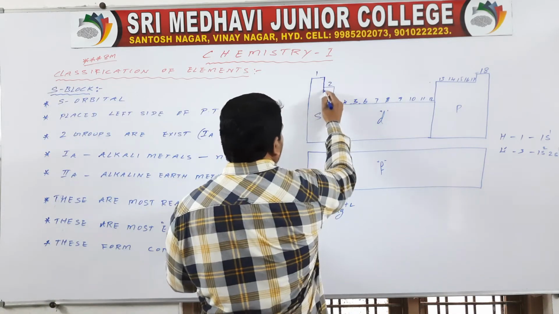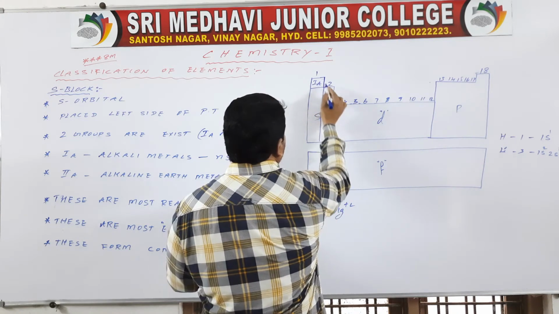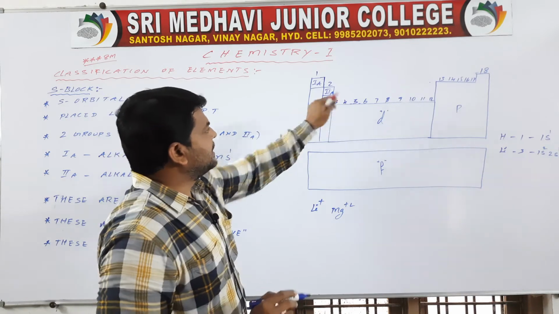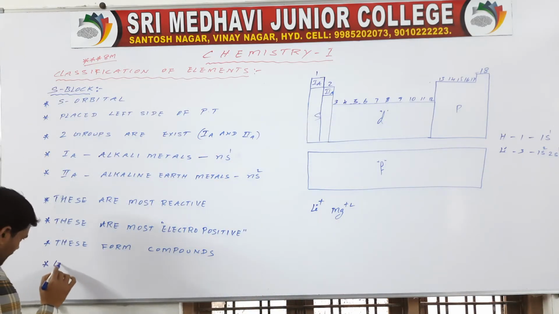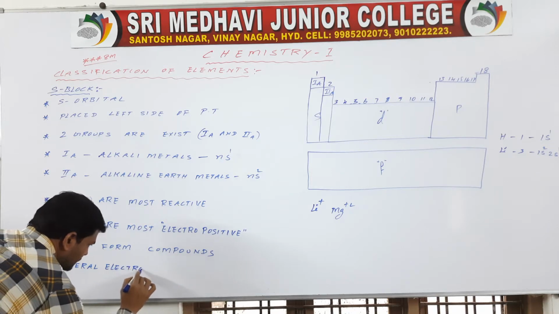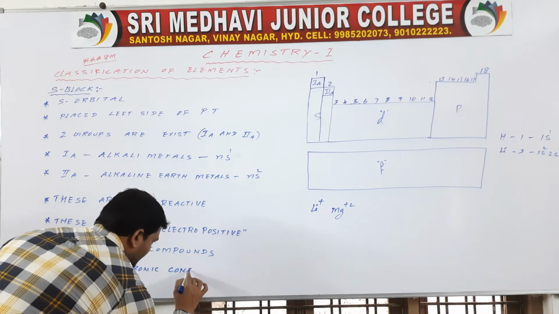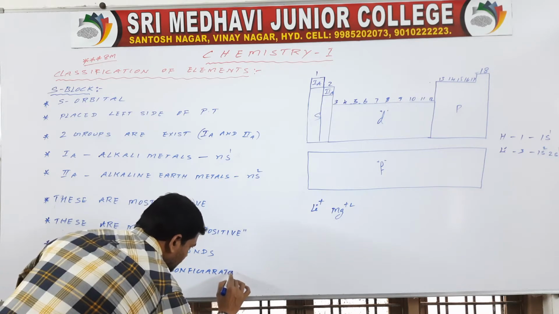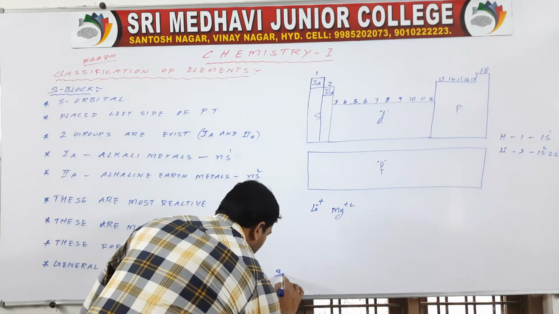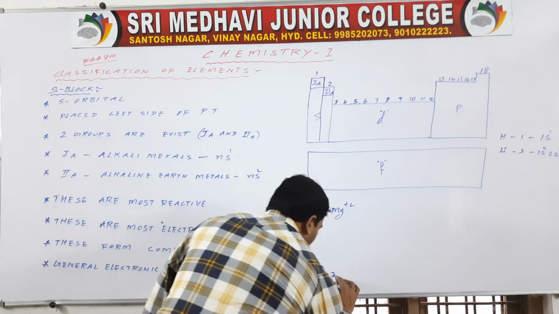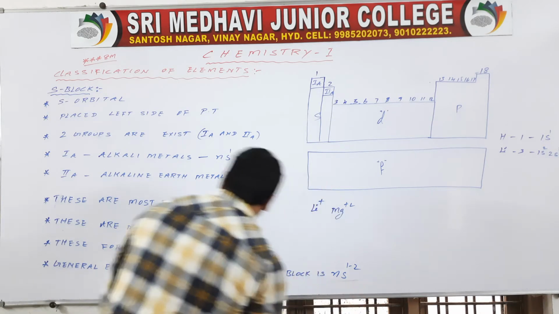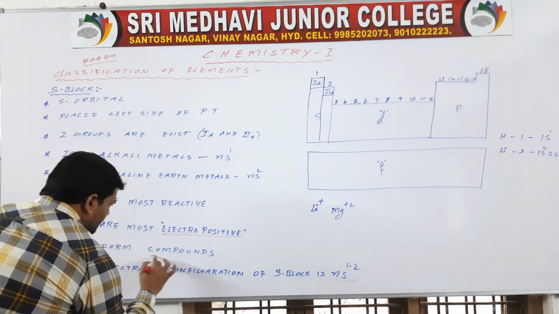So there are only two groups, here it is first A and it is second A. Here ns1 electron configuration, here ns2, so we may write the general electronic configuration of s block as ns1-2. These are most electropositive, they form compounds.